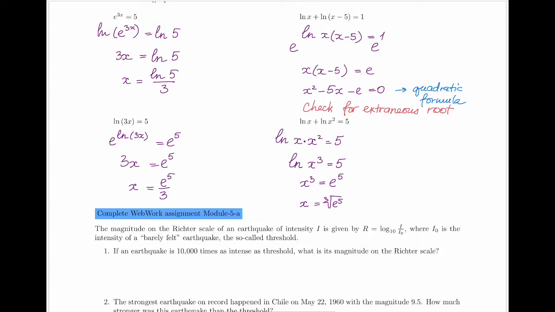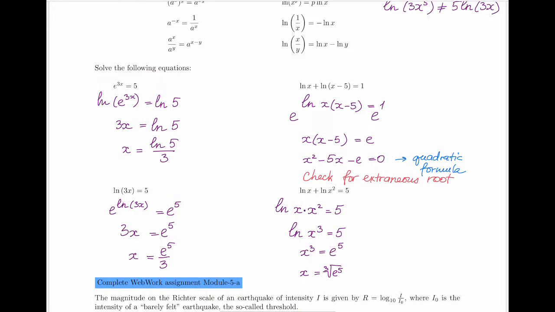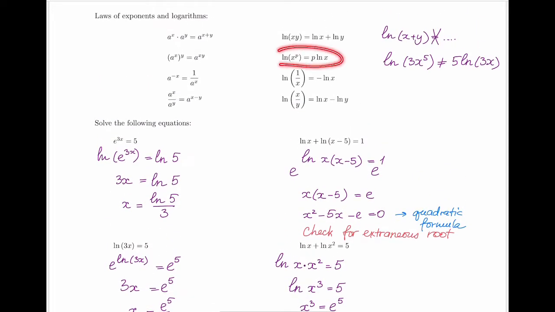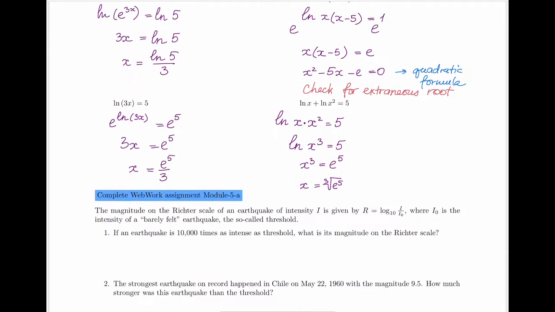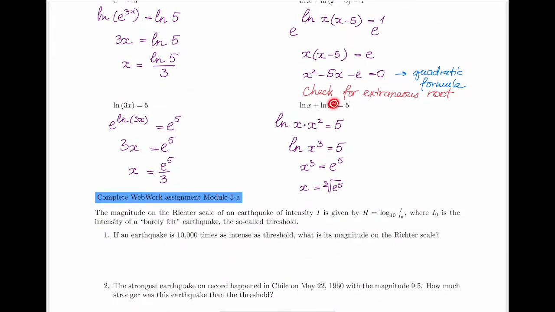Another way to have proceeded would have been to apply this law of bringing powers down first. Okay, so here I notice that I have x squared inside the logarithm, so I'm just going to bring the 2 down first of all. So I'm going to start with ln x plus, then it becomes 2 times ln x equals 5.